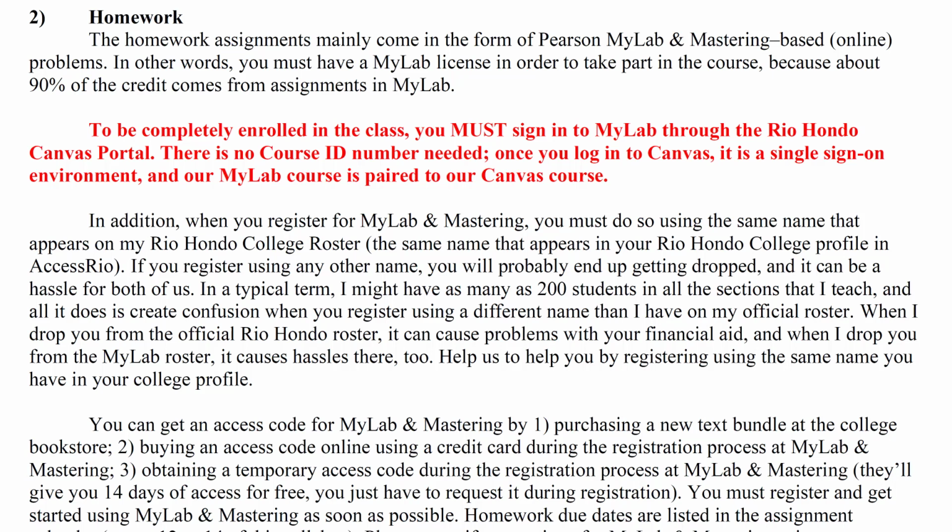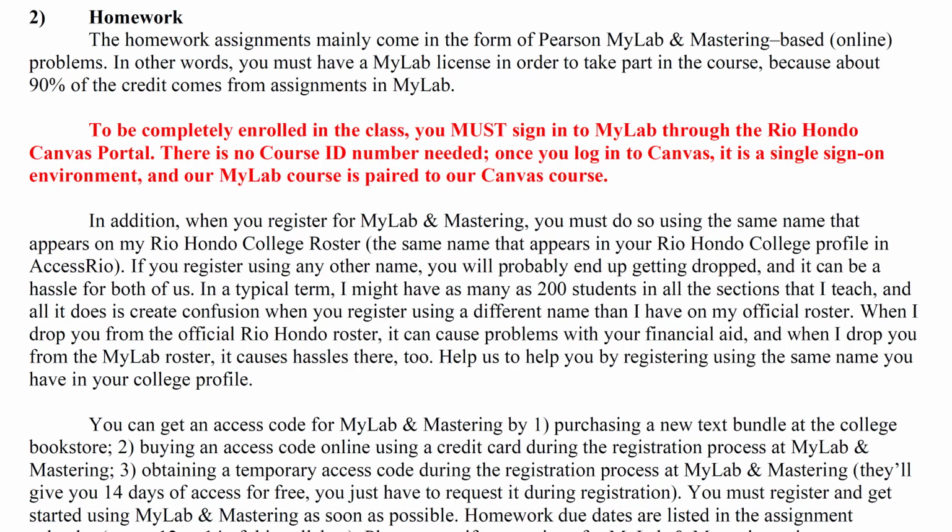Now, if you have an existing MyLab profile, you're welcome to continue using that. And we'll show you how to make that happen in just a moment here. If you are creating a new MyLab profile, I would ask you very humbly to help me with one thing. At the beginning of a term, I usually have about 200 people in my various sections. And it takes me a while to get to know who's who.